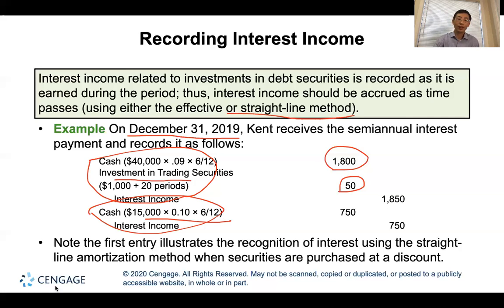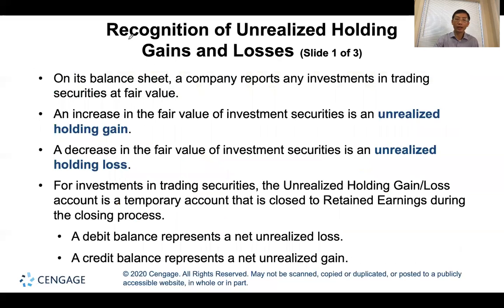Okay, and then on the reporting day, we need to recognize unrealized holding gains and losses, because it's a fair value. So the price may change each day. So if the fair value on the reporting day is bigger than the acquisition day, that means an increase in the fair value, then we have an unrealized holding gain.